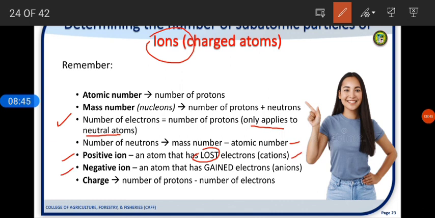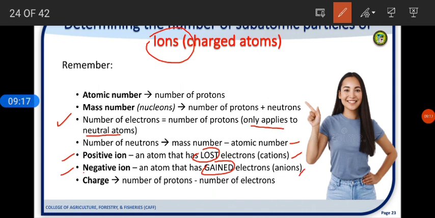Now we have the negative ions. This refers to an atom that has gained electrons. Take note of the keyword gained electron. Imagine an atom that gains or acquires an electron, and you know that an electron is negatively charged. So the atom now becomes a negative ion, and you call them anions.